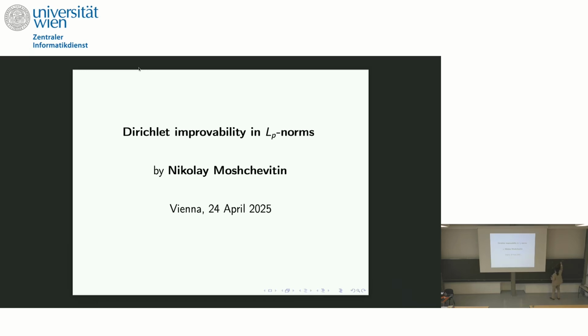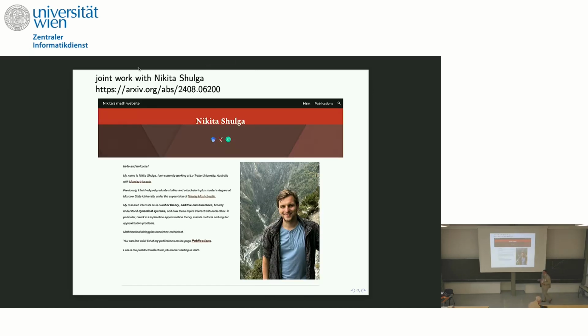Here is a straight line y equal alpha x, and we are looking for integer points close to this line. This is my joint work with Nikita Shulga from Australia.